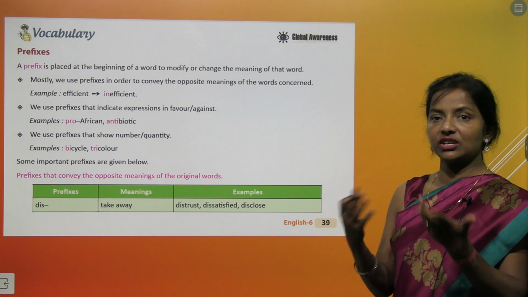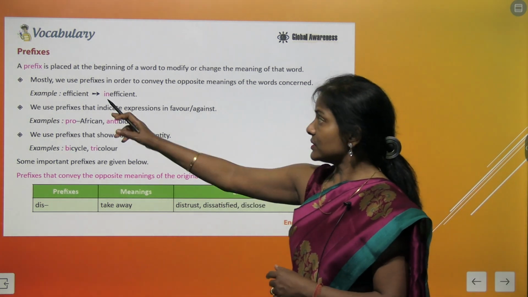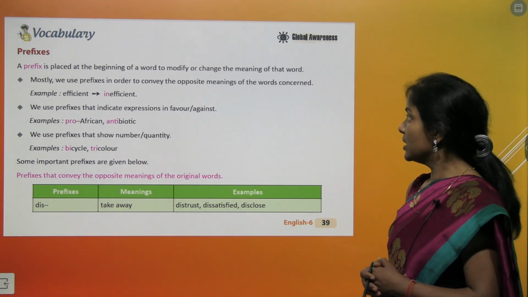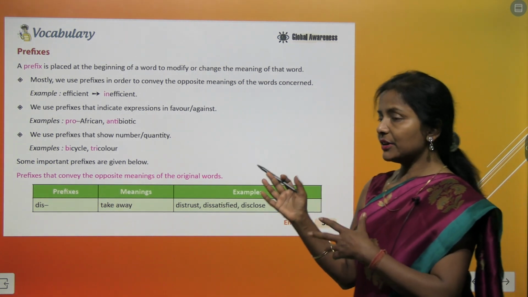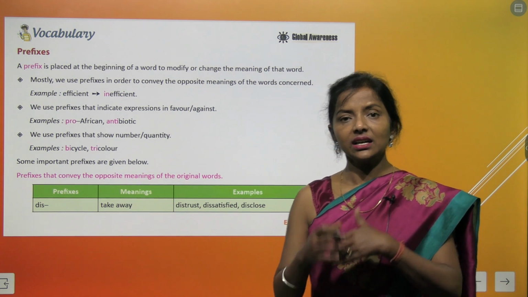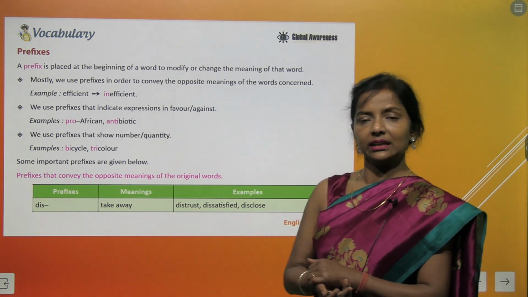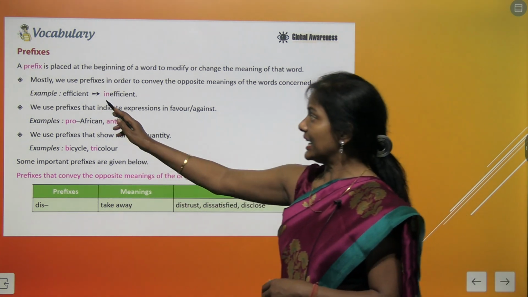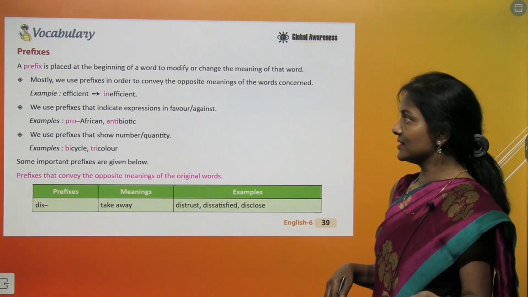It modifies and changes the meaning of the word. Mostly we use prefixes in order to convey the opposite meanings of the words concerned. Prefixes are mostly used to write the opposite meaning of any word. Example: efficient, inefficient. See, in is the prefix.